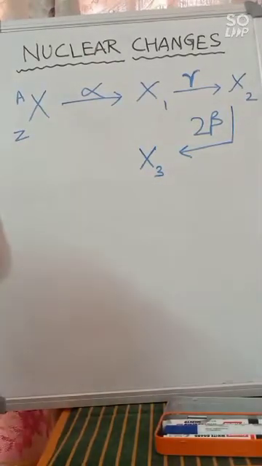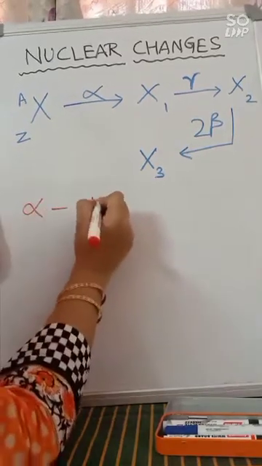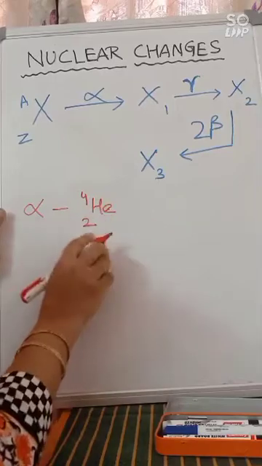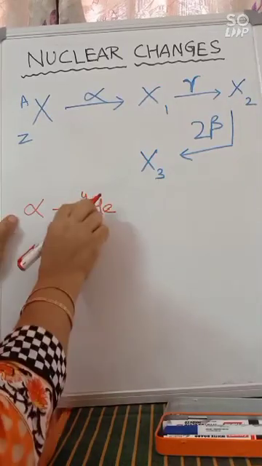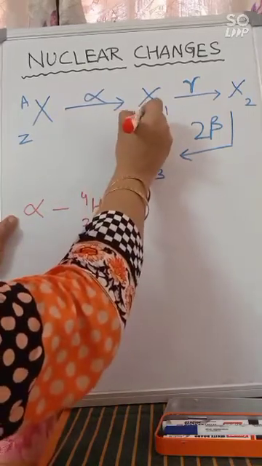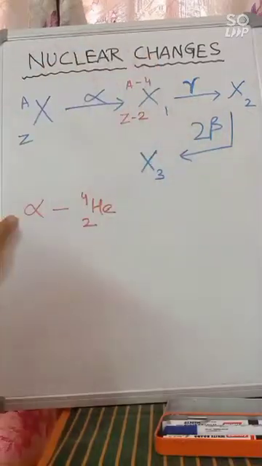Let's see. If it is an alpha emission, as I know alpha is going to be this, it means atomic number is going to be reduced by 2 and mass number is going to be reduced by 4. So what I'll be getting? Z minus 2 and A minus 4, right?